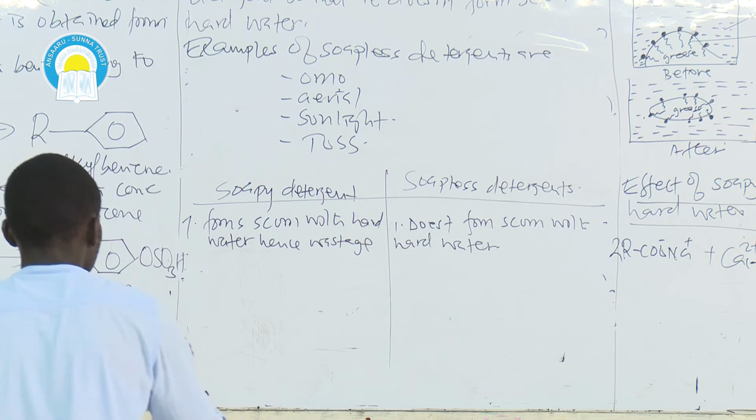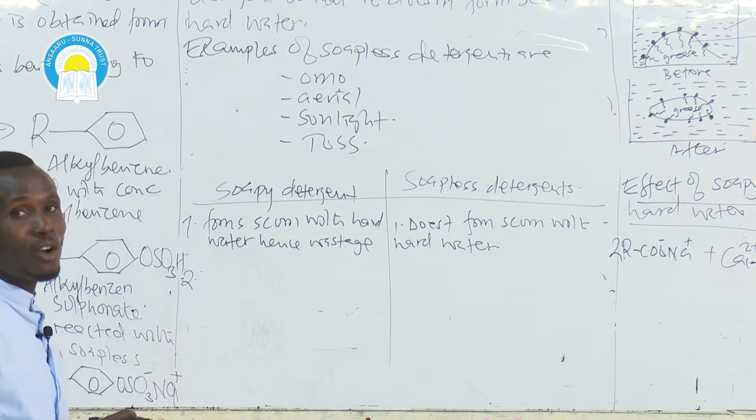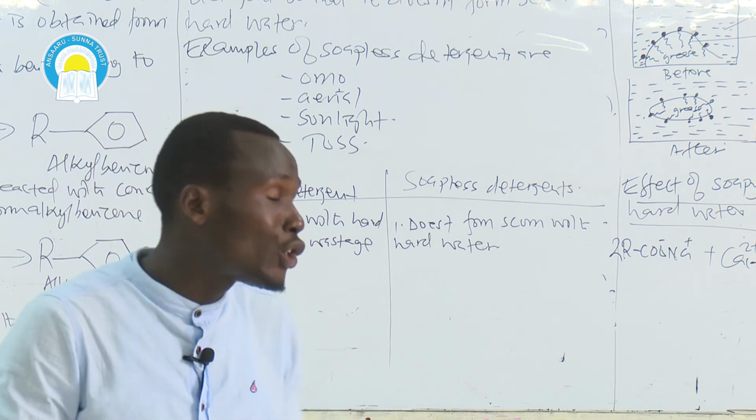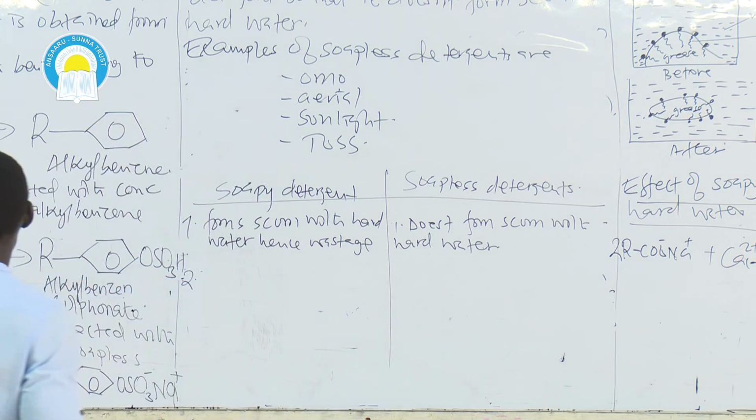Then the second one: soapy detergents are made from fats and oils, and we know that fats and oils can undergo decomposition, while these ones are made from long chain alkanes.